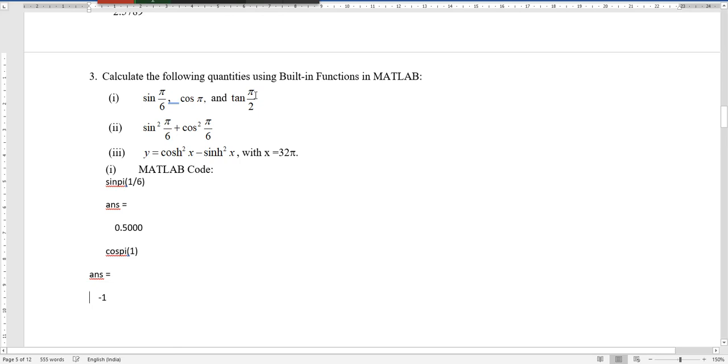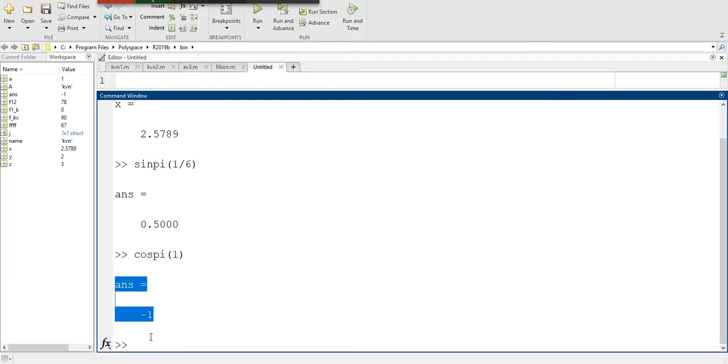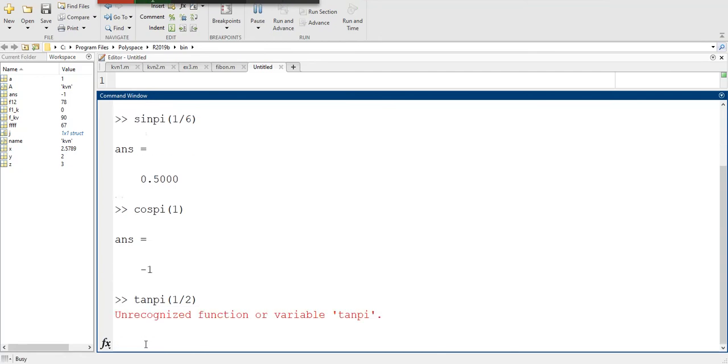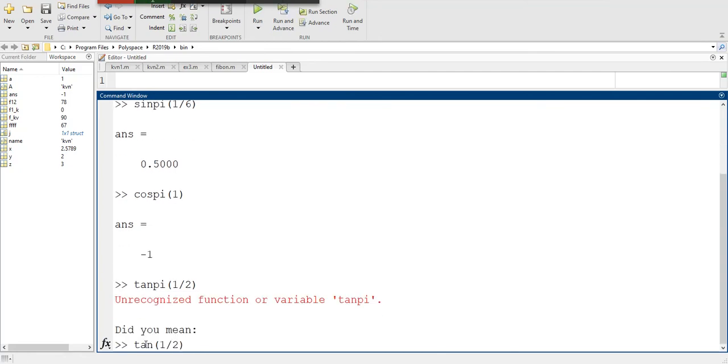Okay, next tan pi by 2. Use tan, pi by 2. I will use this command for finding tan pi by 2. Tan 90 degrees, what is the value? Guess it. Before that, tan pi by 2 is nothing but infinity.